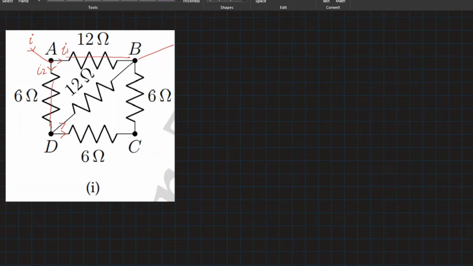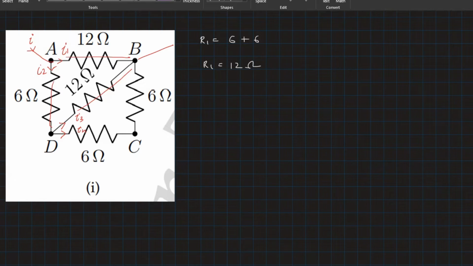So if that current is branching out into, let us say, I3 and I4, so I3 goes straight and I4 goes through these two resistors. So same current is flowing through this 6 and this 6. That means they are in series. So I'm going to call that 6 plus 6, that is 12 ohms.